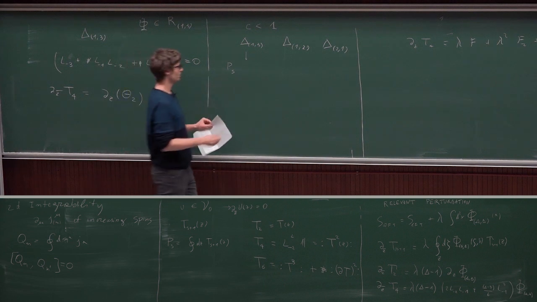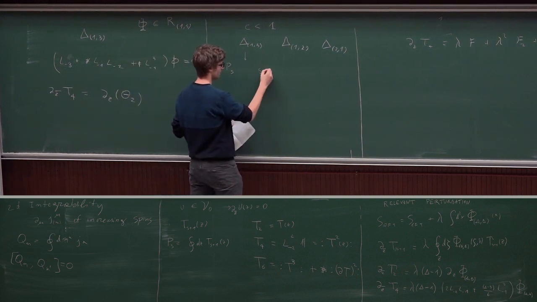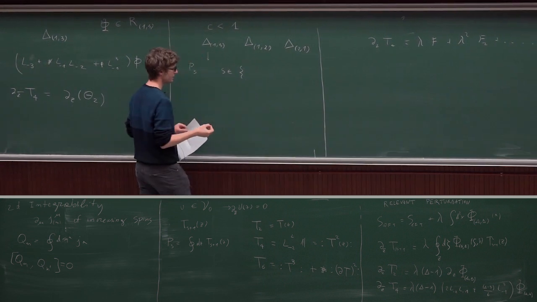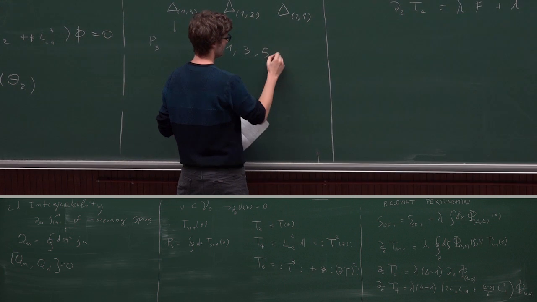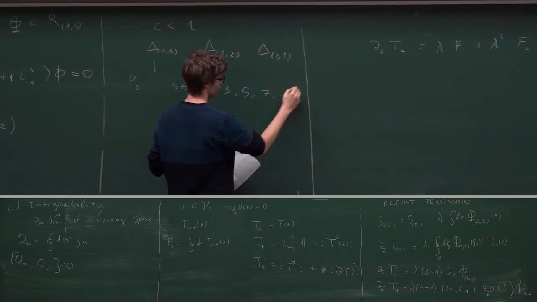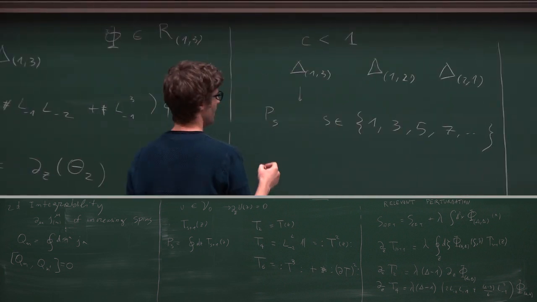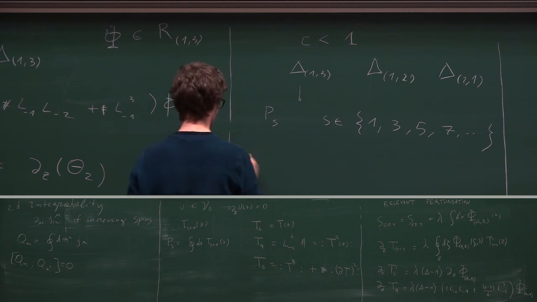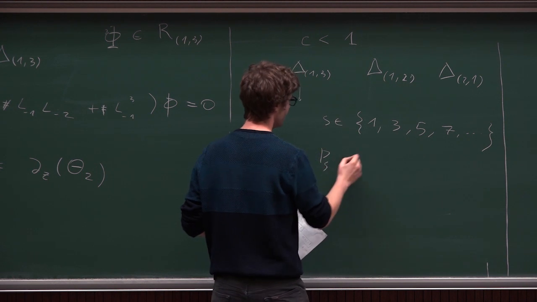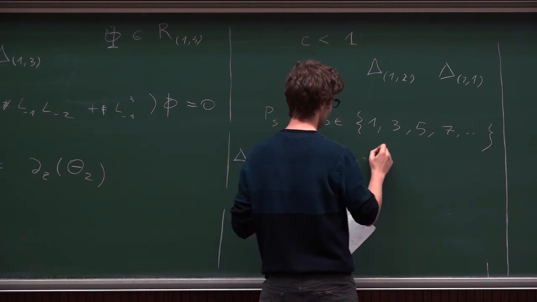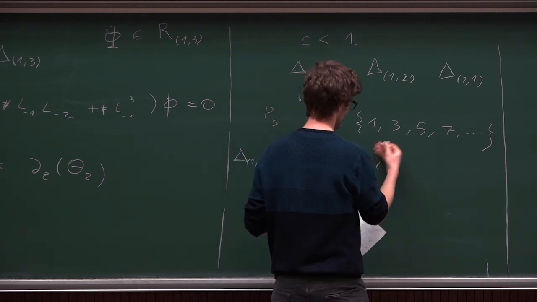these charges will still be there, where the spin is all the integers, and delta 1, 2 will give you a different pattern where the spin essentially, well, let me write it like this.